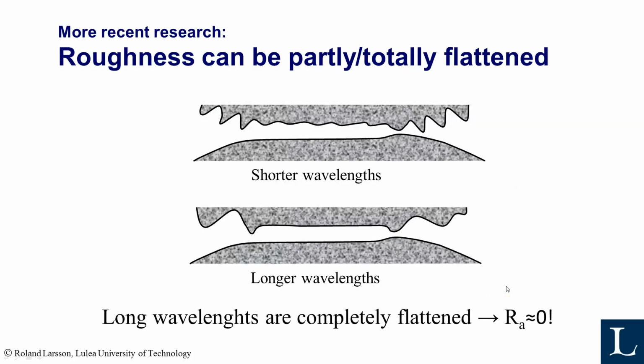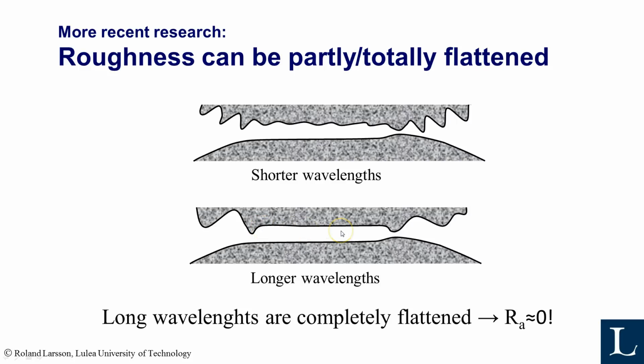Quite recently, in the past, say, 10-20 years, people have also realized that the shape of the asperities and the wavelengths of the asperities play a big role. And actually, if you have very long wavelengths, or relatively long in comparison to the size of the contact, they are more or less completely squashed out inside the contact.